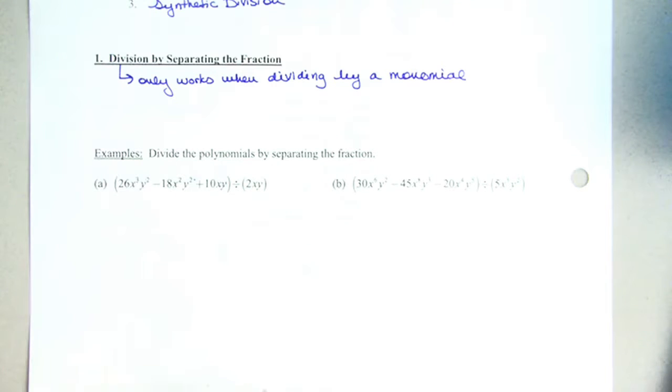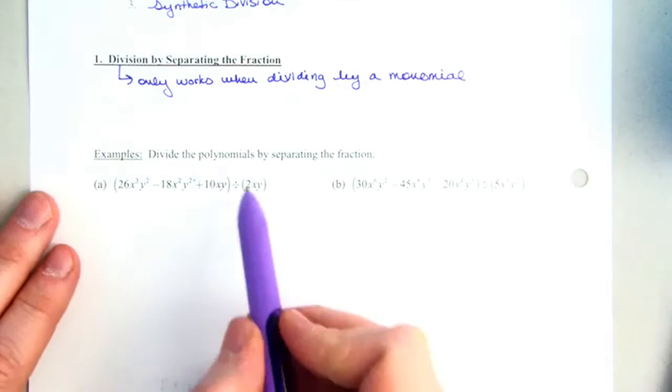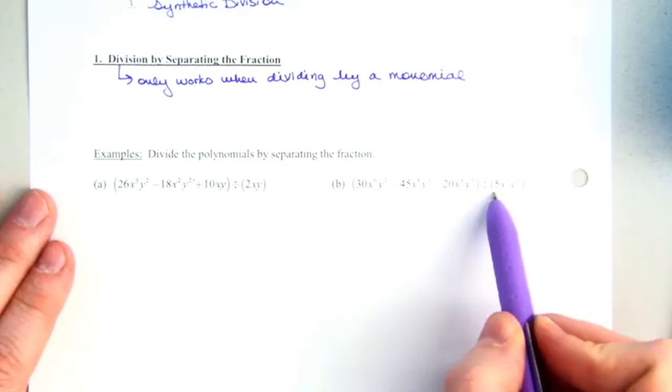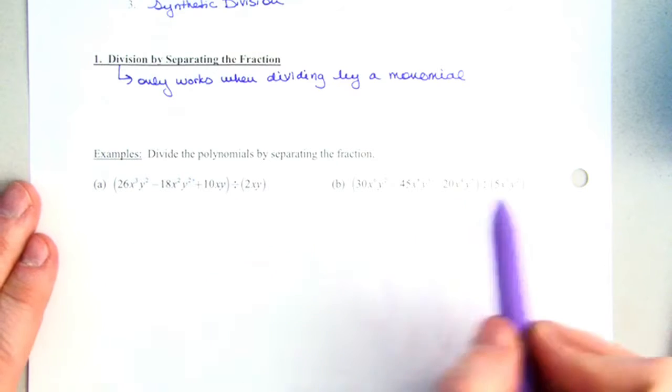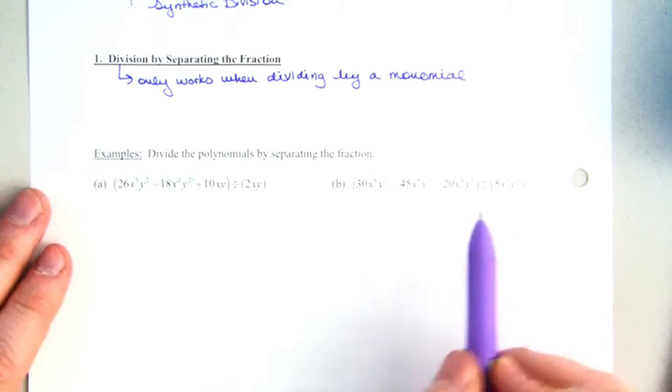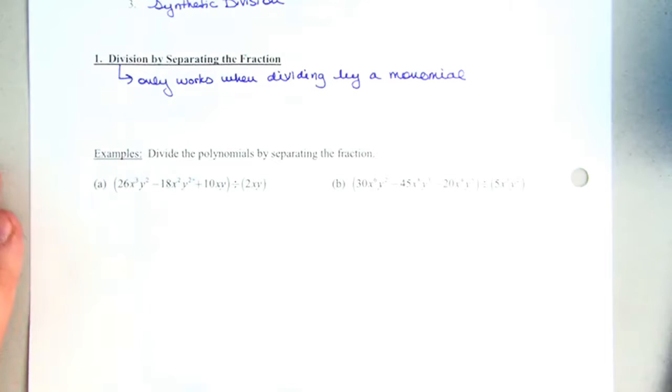So if you take a look at letters A and B on the bottom of your page, dividing by 2xy, dividing by 5x cubed y squared, but I'm not dividing by x plus 2 or x squared minus 3x plus 1 or anything like that, because those wouldn't be monomials.